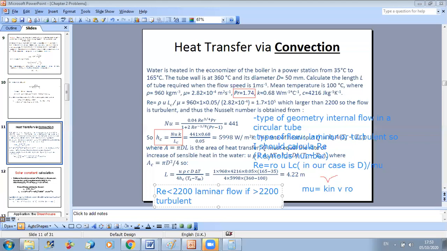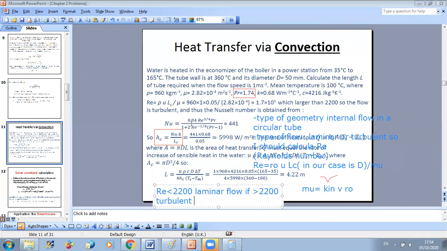In a problem, for example, if I give you a duct of rectangular shape, I will give you all the information. I will tell you that for this type, Nusselt is given by the following expression, and that you consider a flow turbulent beginning from this value. All you have to know is how to deal with it. For any problem, I will give with the problem the information you need to solve. You should just understand what is Reynolds, what is Prandtl, what is Nusselt, and how to use the relations.